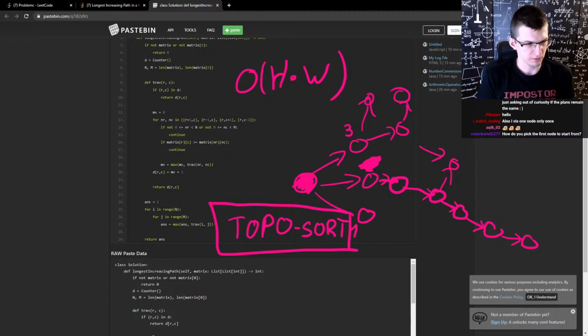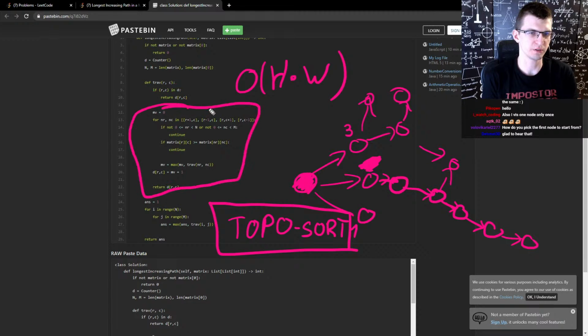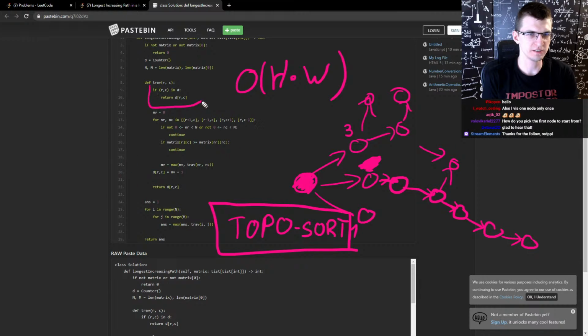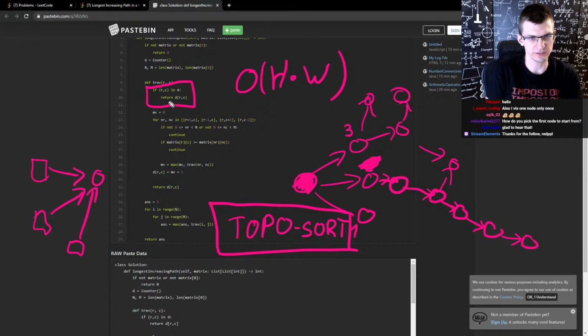I visit one node only once. Yes, I mean, this is run many times for the same vertex, but this is computed once for every vertex, and that's important. If some vertex has 3 in-edges, then you will run this function for this vertex up to 3 extra times, because each of those previous guys will want to check the next vertex, and it will run traverse of RC.